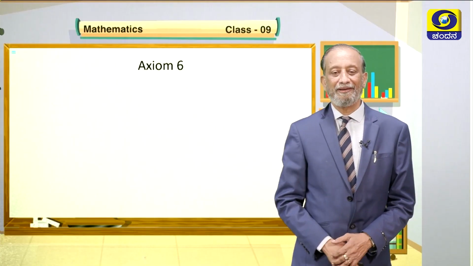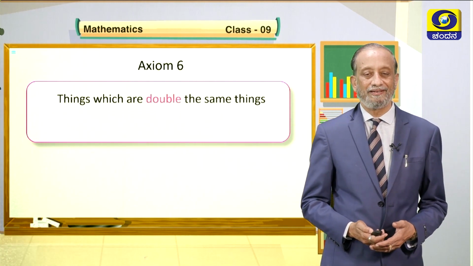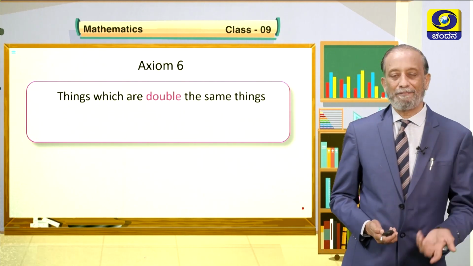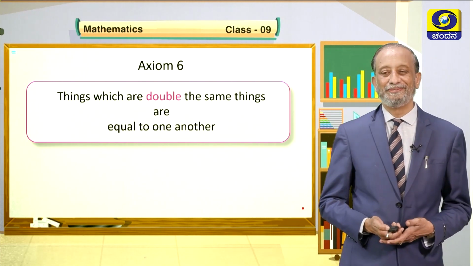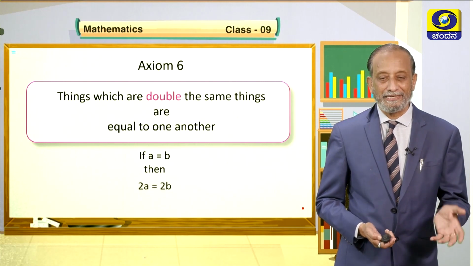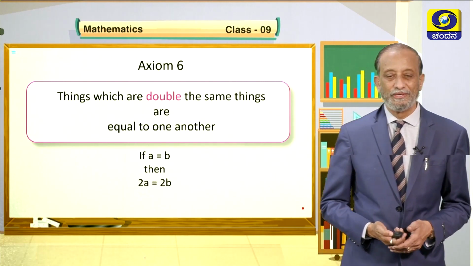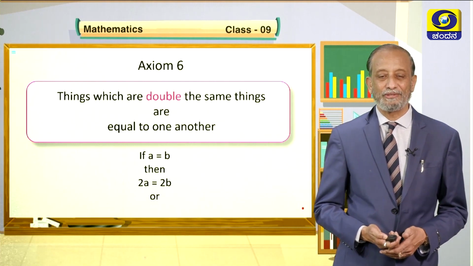Now, coming to axiom number 6, it is quite simple. Things which are double the same things are equal to one another. For example, if A is equal to B, if you multiply both the sides by 2, we get 2A and 2B. Don't you think 2A is equal to 2B?